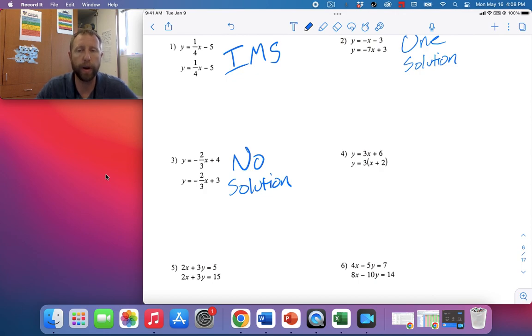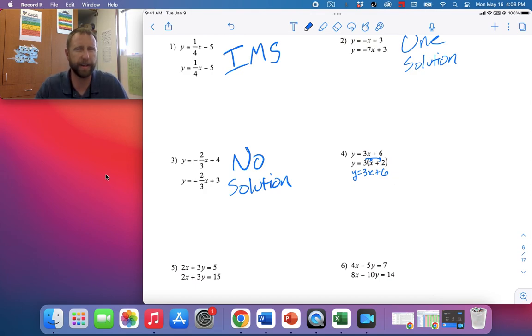And then for number 4, I see the parentheses there. We see a number written outside parentheses. You have to distribute for that second equation. 3 times x is 3x. 3 times 2 is 6. After you distribute there, you get y equals 3x plus 6. Well, that's what the top equation is. It's the exact same equation.